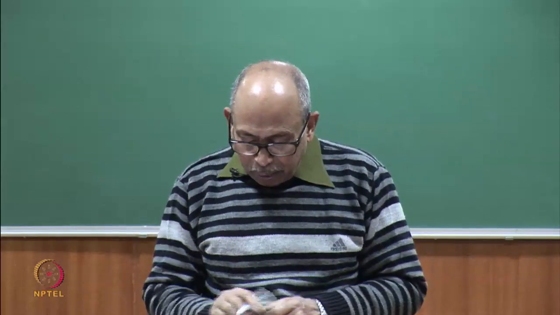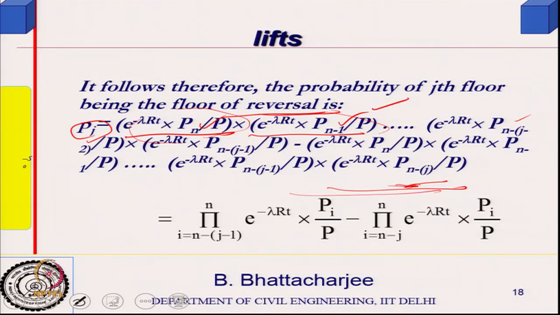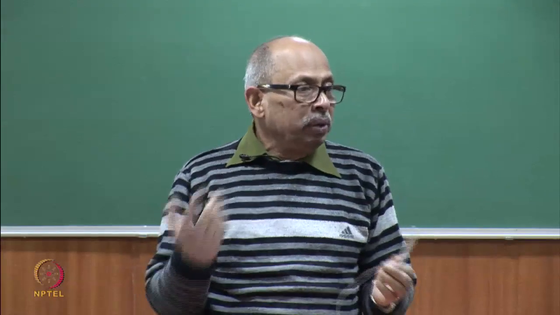So, that is what we do. You see, this is a product, going from j minus 1 to n, e to the power etc., and minus this gives me the probability of finding at least one person in the jth floor, like we did earlier.